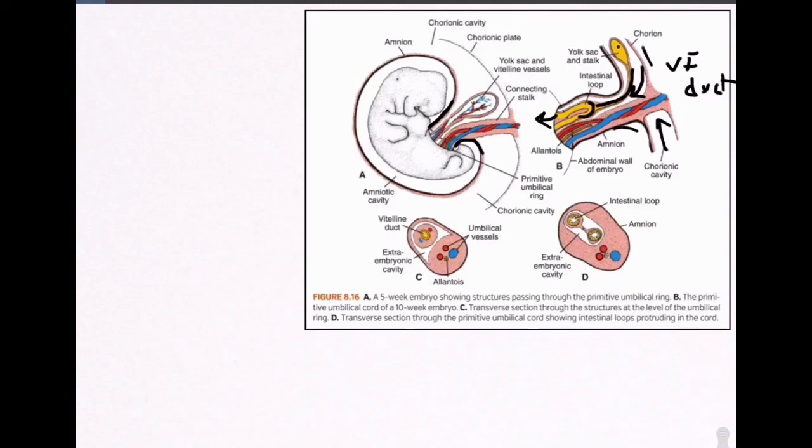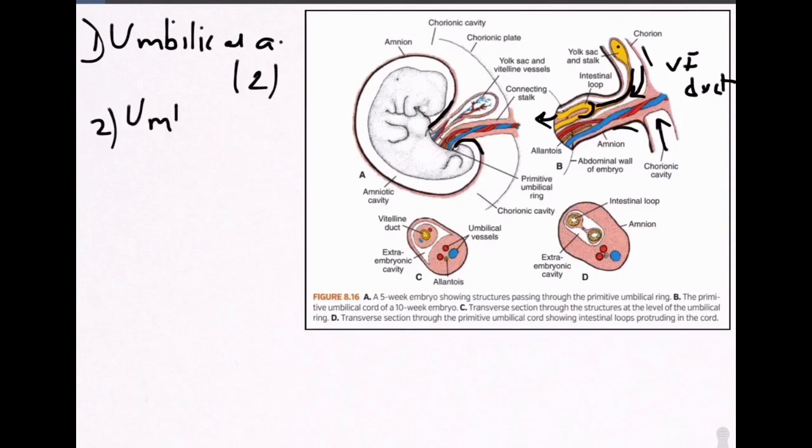So at term, the only things that are present in the umbilical cord are the umbilical vessels, which are the two umbilical arteries and one umbilical vein. We'll talk about where the other vein disappears in systemic embryology at some point of time. And the connective tissue in between these is known as Wharton's jelly.